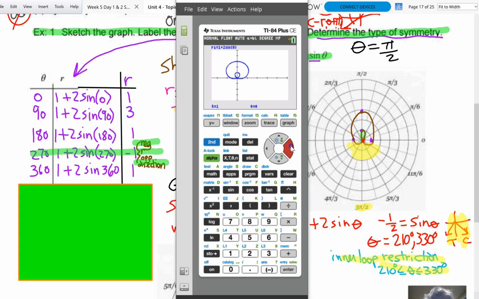Trace, move to the right to get to the inner loop. You can see it's moving a bit faster now. Okay, I want to go where r equals 0. I'm getting close to the pole. I'm almost there.